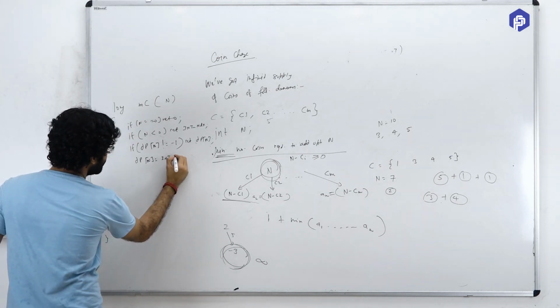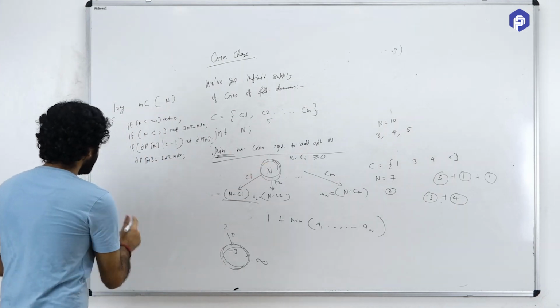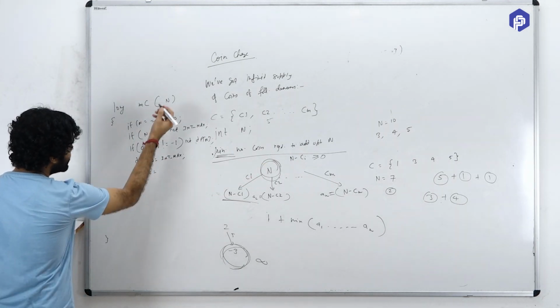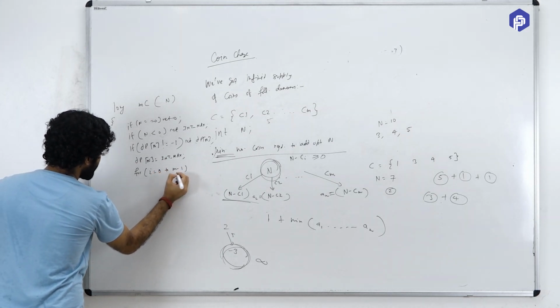I would initialize it to infinity actually, because I have to minimize the value, right? And then I would iterate across my denominations. So let's say the denominations that I have are from 0 to m-1.